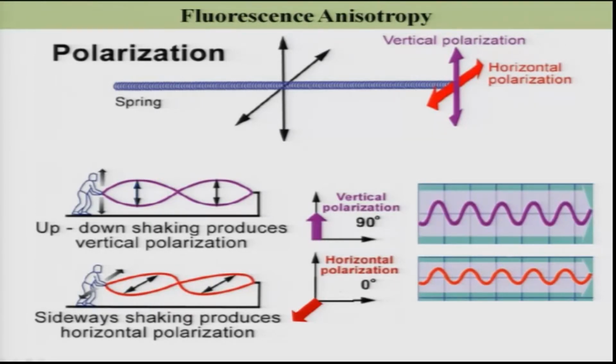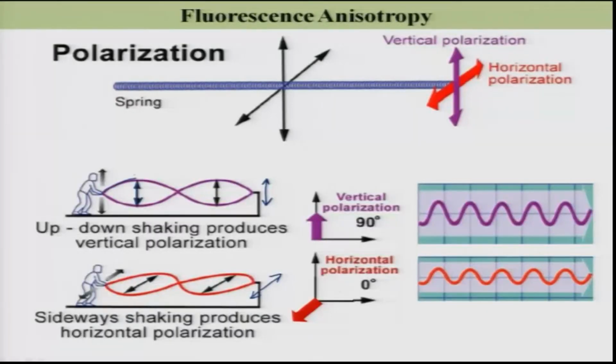You can also oscillate the spring in the horizontal direction. So, depending on your wish, you can oscillate the spring either in the vertical or horizontal or any direction in between.